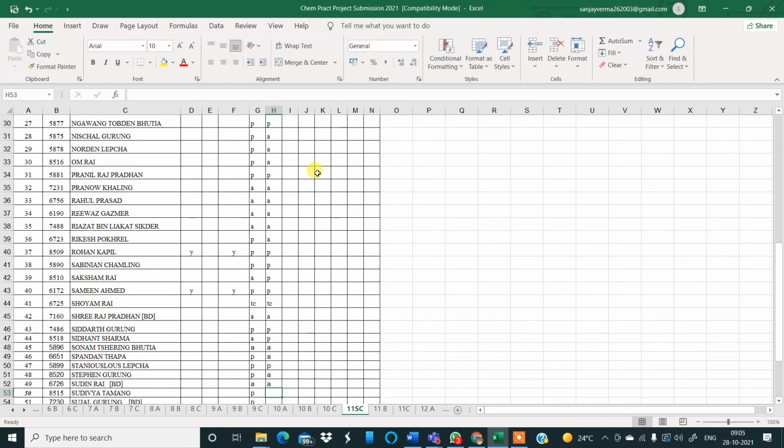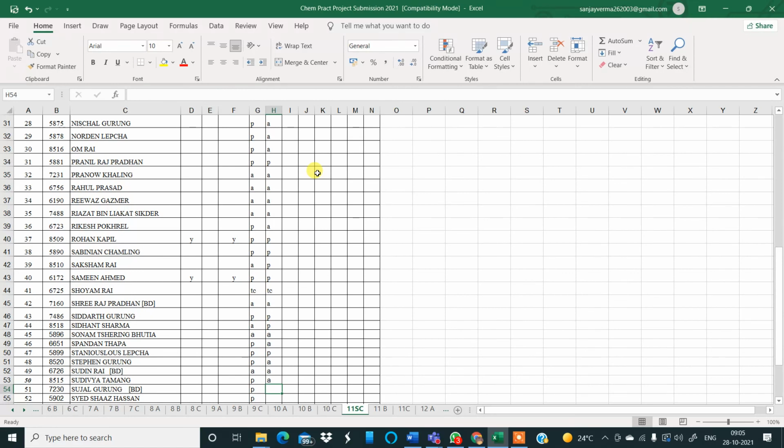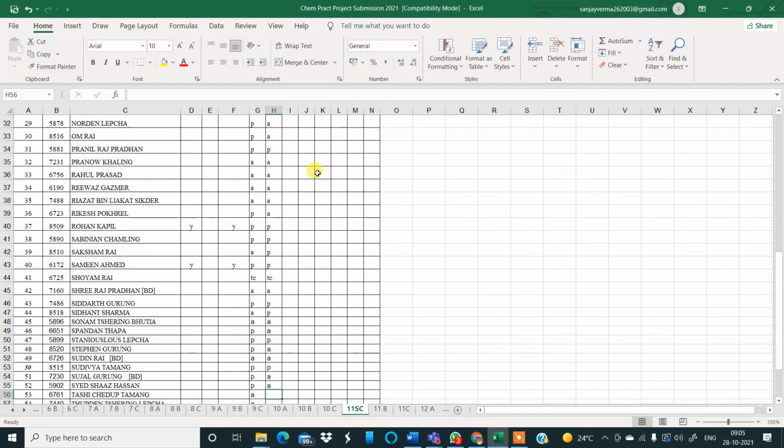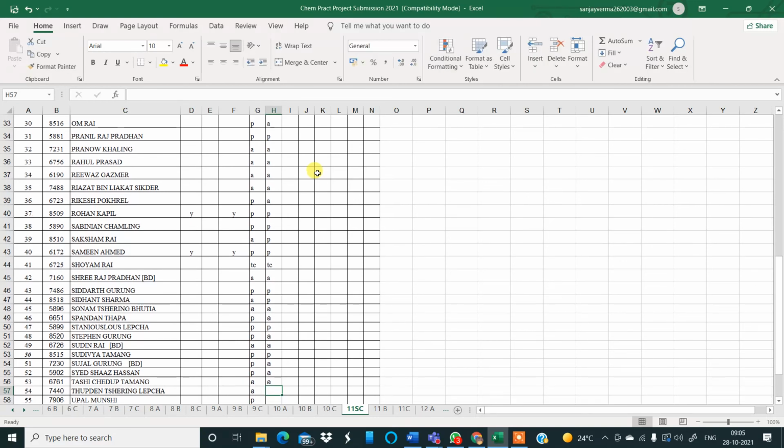Sudhivya Tamang, absent. Present, sir. Sudhivya is present. Sujal Gurung, absent. Syed Saz Hassan, absent. Tashi Chedup Tamang, absent. Thupden Chering Lepcha, present, sir.